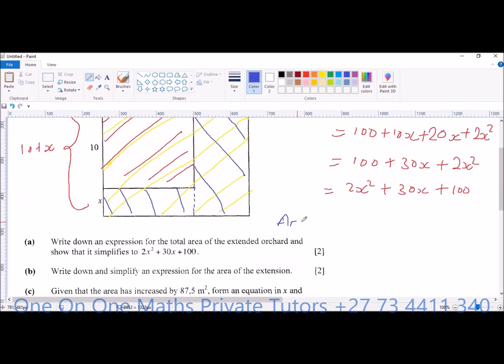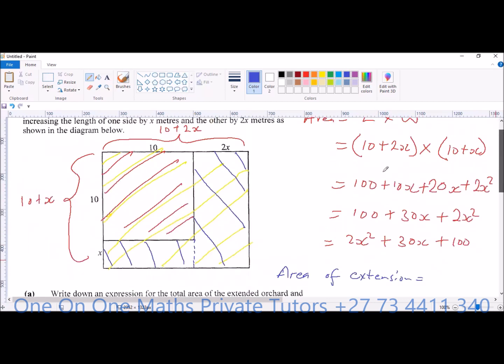Area of extension is equal to, what is the length there? The length here is 10 plus x times our width, 2x.